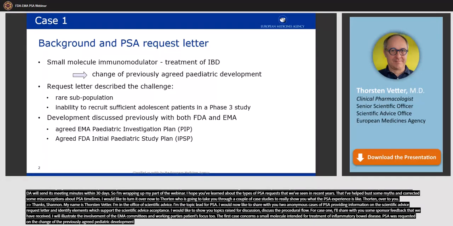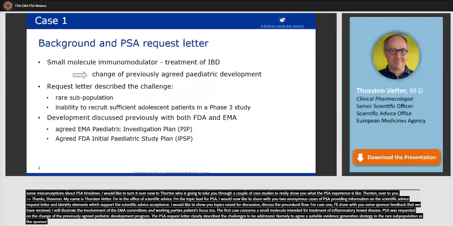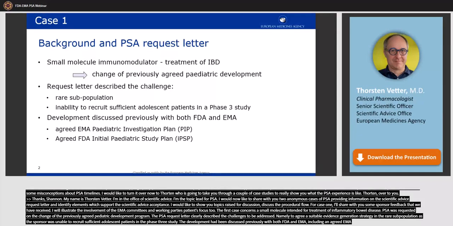The PSA request letter clearly described the challenges to be addressed, namely to agree a suitable evidence generation strategy in this rare subpopulation, as the sponsor was unable to recruit sufficient adolescent patients in the phase 3 study. The development had been discussed previously with both FDA and EMA, including an agreed EMA pediatric investigational plan and an FDA initial pediatric study plan.